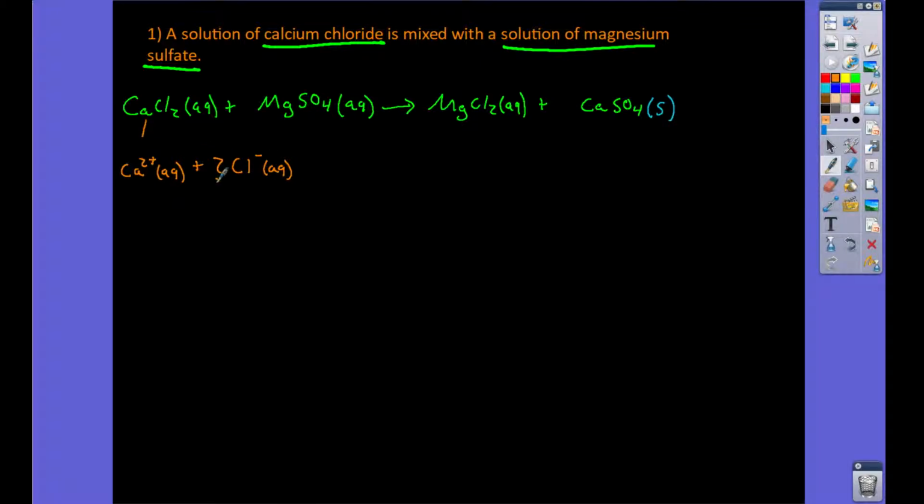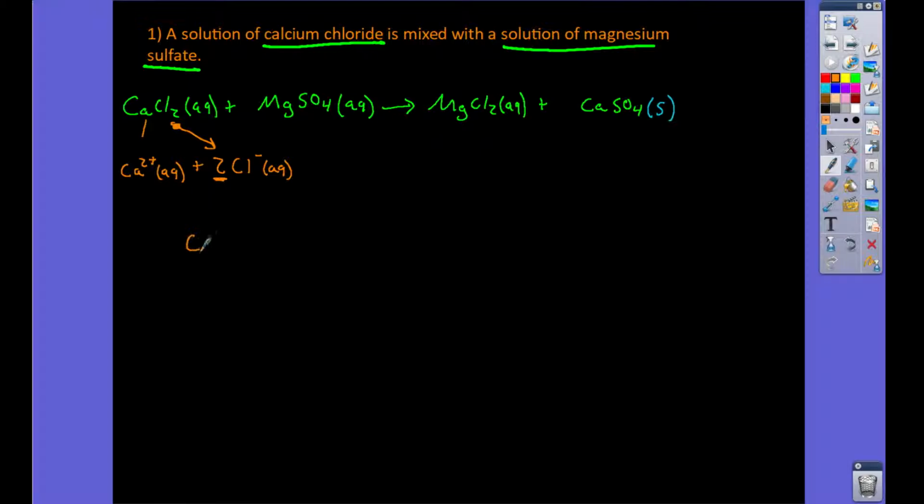Now notice here that I put a 2 in front of the chlorine here that didn't exist before. That's because there's the 2 over here next to the chlorines in the calcium chloride. So since we have two chlorines in calcium chloride overall, we have to make a note of that when we split this up in the complete ionic equation. So that's all I did there, is I put a 2 out in front to represent that this is 2 Cl minuses.